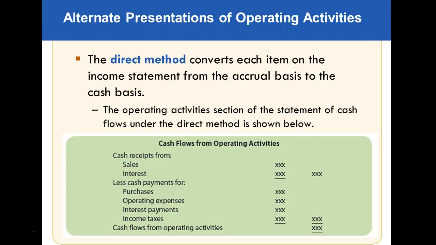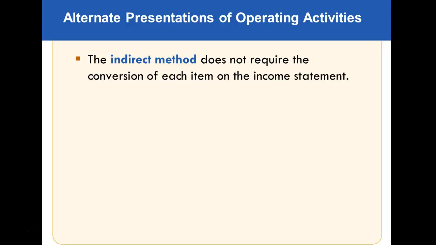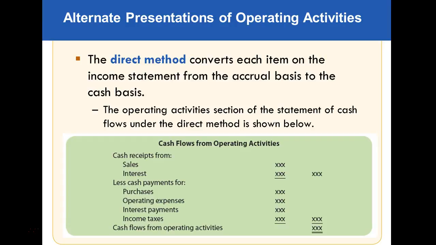So as you see here, the operating activity section of the statement of cash flows using the direct method takes the income statement and then just shows money that came in from sales, money that came in from interest, and then we show payments for inventory, for operating expenses, for interest payments, and for income taxes. That's under the direct method. It's going line item by line item on the income statement.